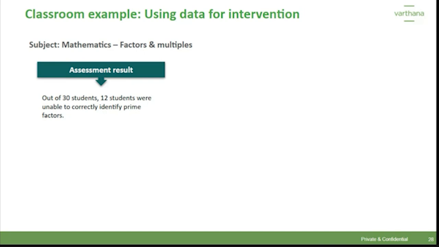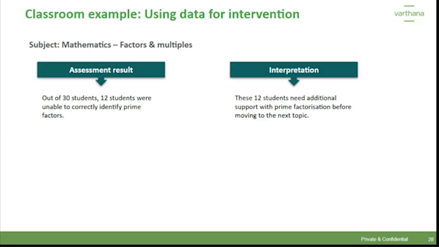We can see the pattern here: 12 students scored very low marks in the assessment. So how can we interpret this assessment result? These 12 students need additional support, remedial support or peer support with prime factorization before moving to the next topic.